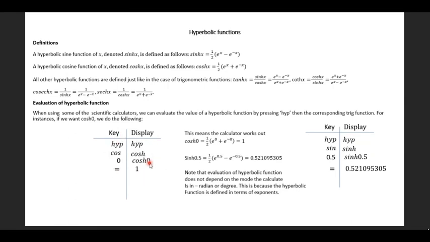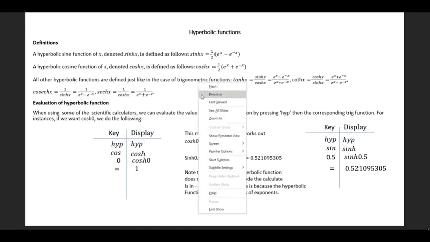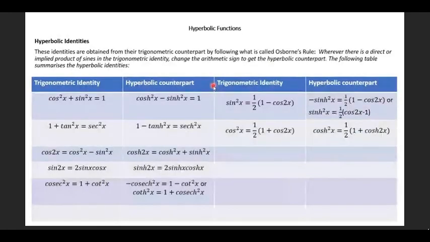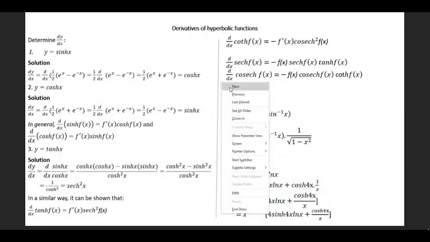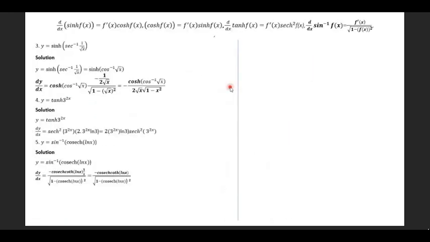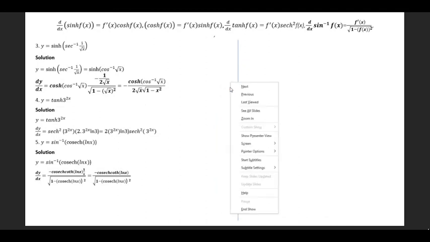You are always going to get the same answer. Even when you wanted the sine of 0.5, it does not matter whether your calculator is in degree mode or in radian mode. You are always going to get the same answer. So that's one of the main differences between the hyperbolics and their inverses, and the trigonometrics and their inverses.